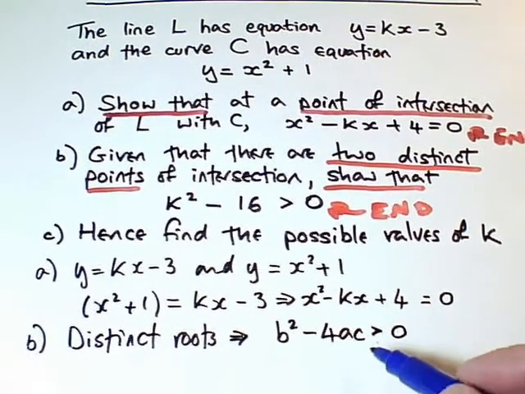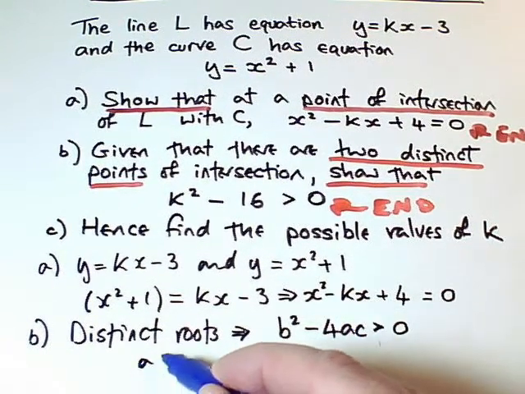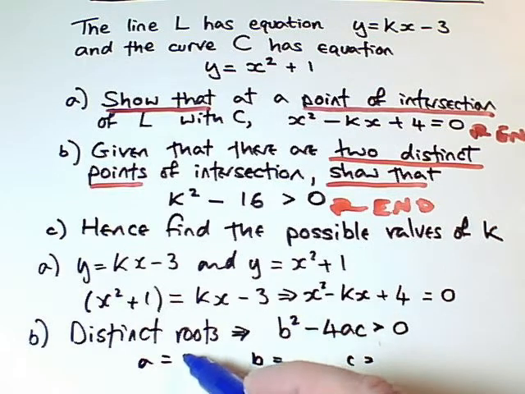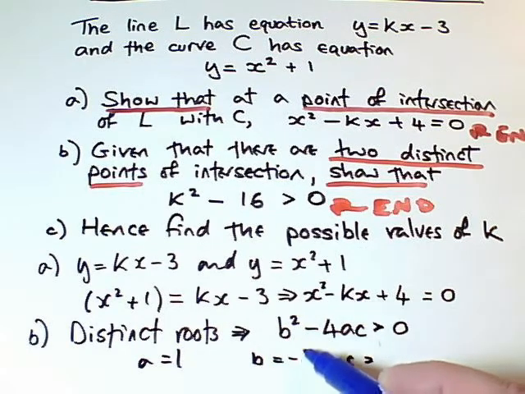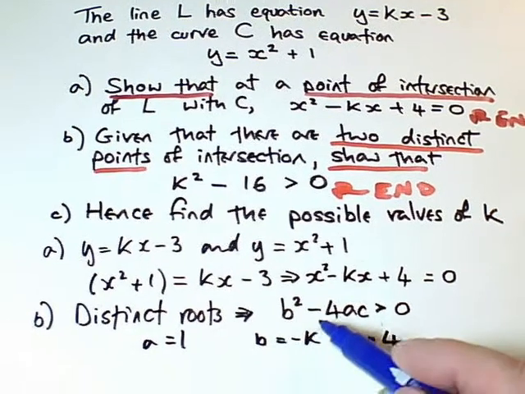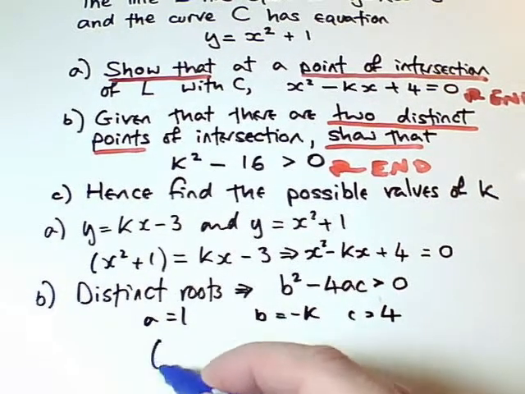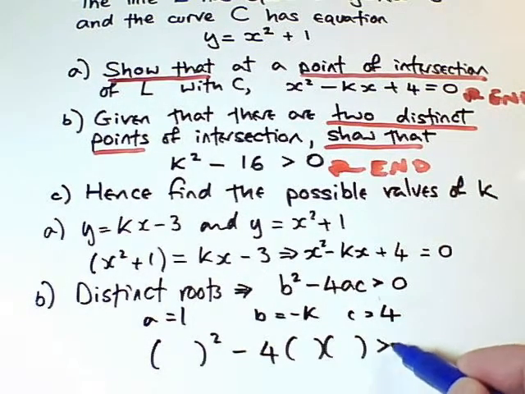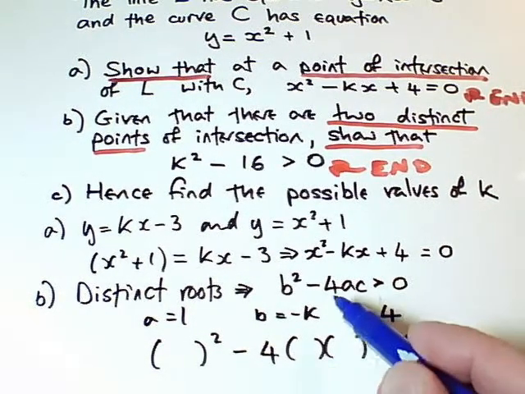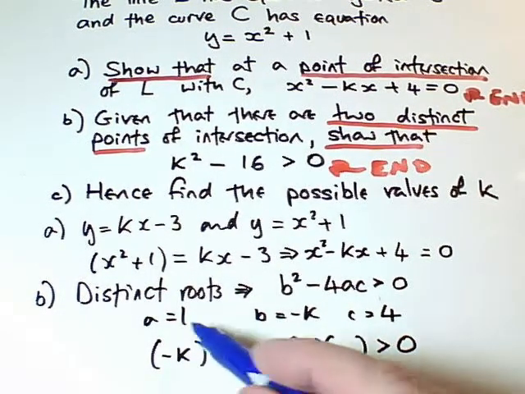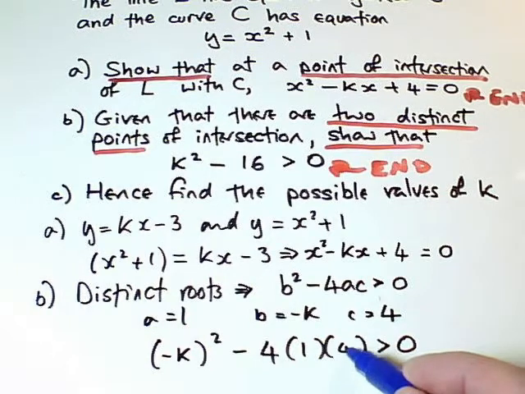I need an a, b and a c, so I'll look at my equation, decide a, b and c. Well, a is going to be 1, b is going to be this minus k, and c is going to be this 4. So I plough ahead, b squared minus 4ac, well, it's going to be bracket squared minus 4 times bracket, and it's going to be greater than 0. My b is minus k, so minus k squared, minus 4 times a is 1, c is 4.